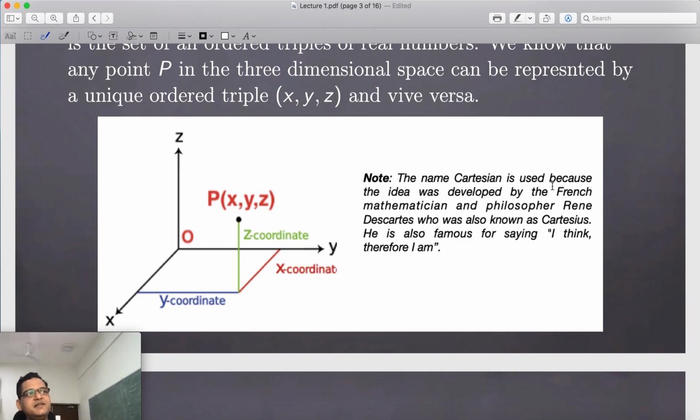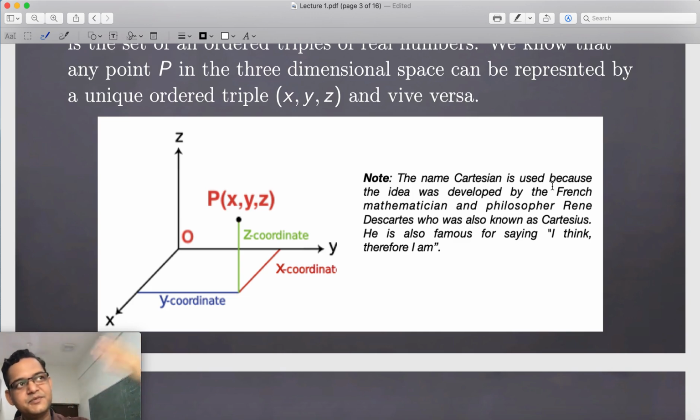This notion is very important, because once I fix the reference point, which is the origin here, I can describe the position of anything.